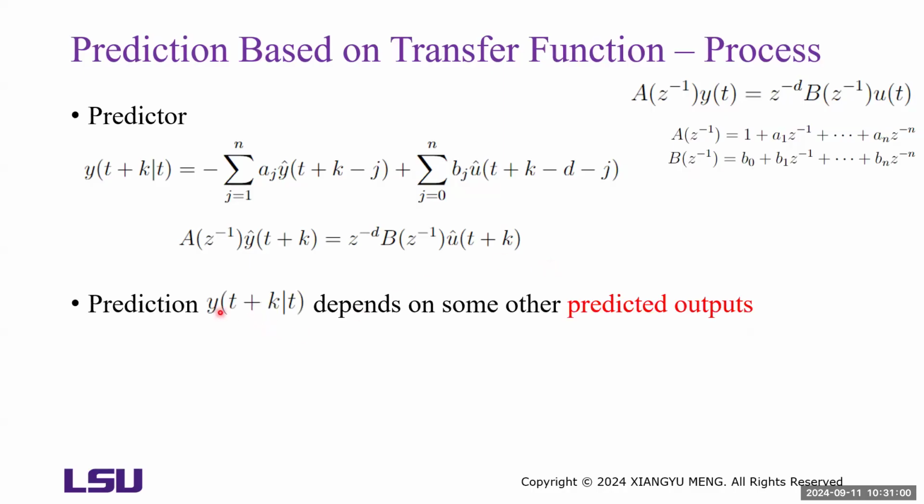The prediction y t plus k conditioned on t depends on some other predicted outputs. For example, y t plus 2 depends on the prediction of y t plus 1 conditioned on t.